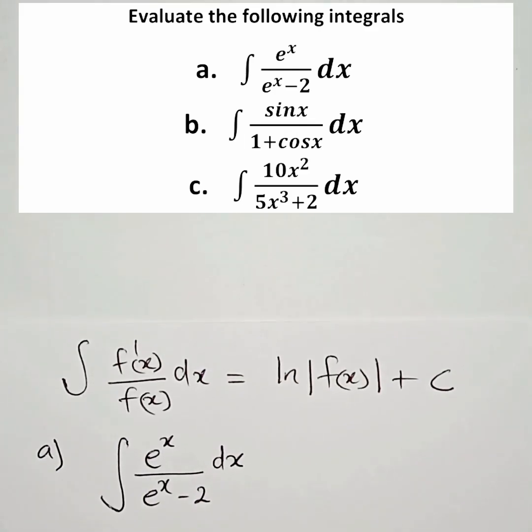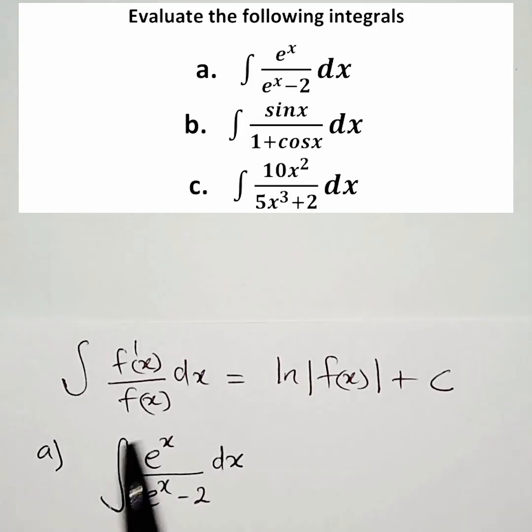Now, with me here is a formula that you use when you are integrating by recognition. When we have f(x) in the denominator and we have f prime of x on the numerator, we're simply going to say this integral is equal to ln|f(x)| plus c.